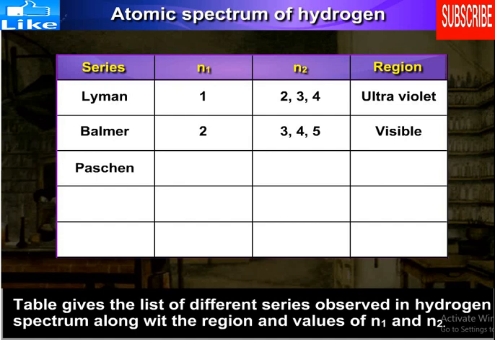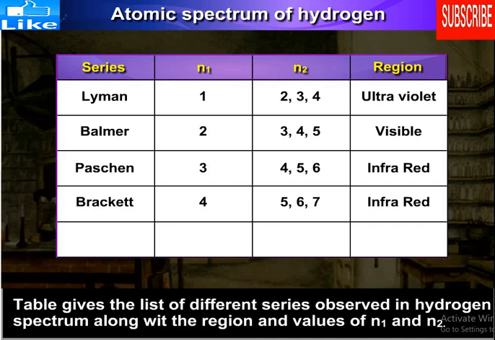Series Paschen, n1 equals 3, n2 equals 4, 5, 6, region infrared. Series Brackett, n1 equals 4, n2 equals 5, 6, 7, region infrared. Series Pfund, n1 equals 5, n2 equals 6, 7, 8, region infrared.